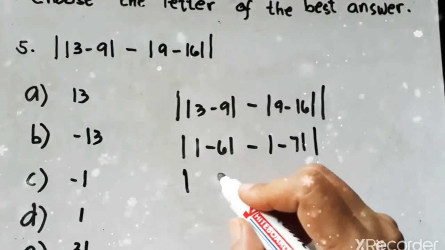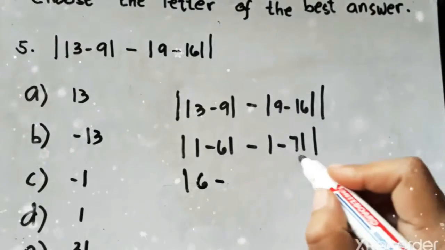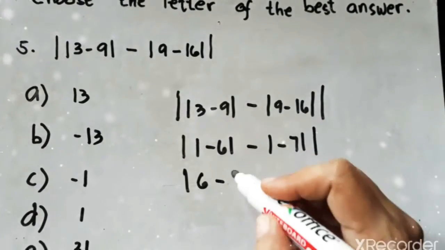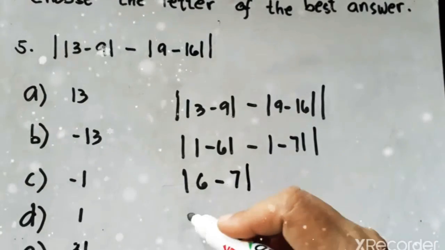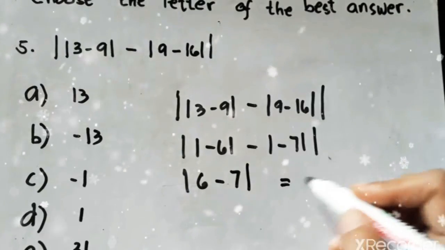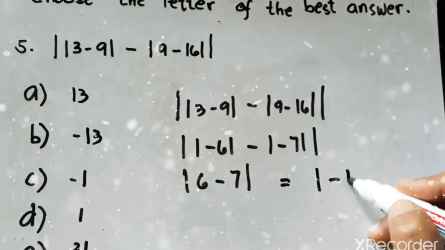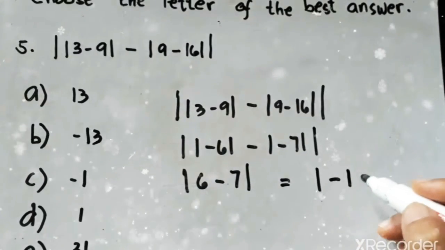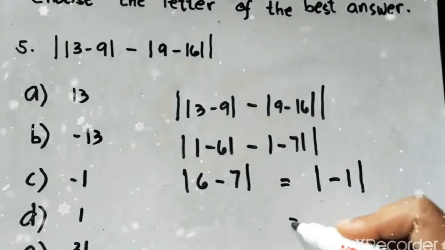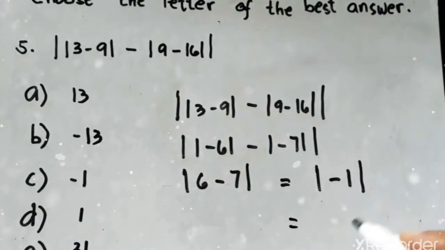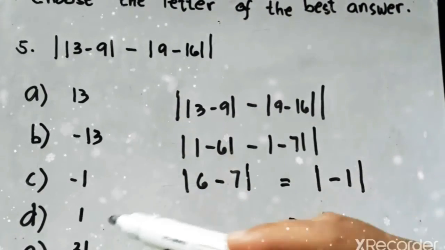The absolute value of negative 6 is positive 6, minus the absolute value of negative 7, which is positive 7. So, the answer here is 6 minus 7. Absolute value is the absolute value of negative 1, since 6 minus 7 is negative 1. So, the absolute value of negative 1 is 1. So, our answer is letter D.